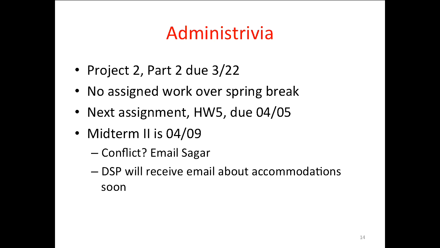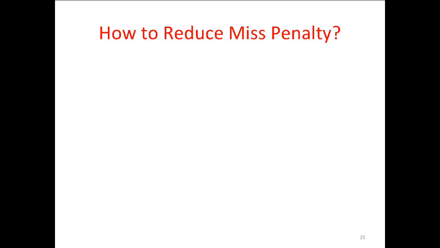Okay, let's get started again. One of the things, if you notice all those techniques, we didn't really have much that we could use to reduce miss penalty. We had tricks to play with hit time and miss rate, but not miss penalty.